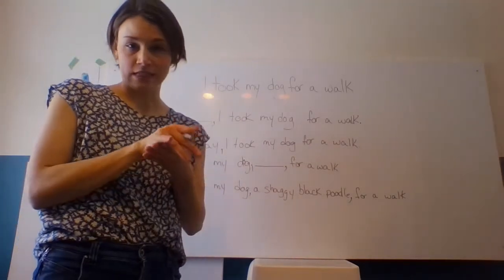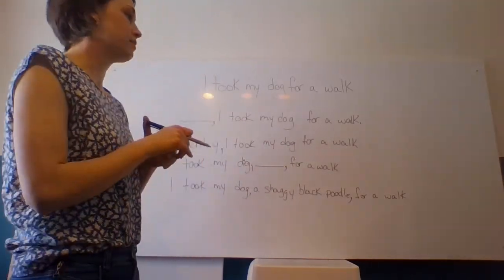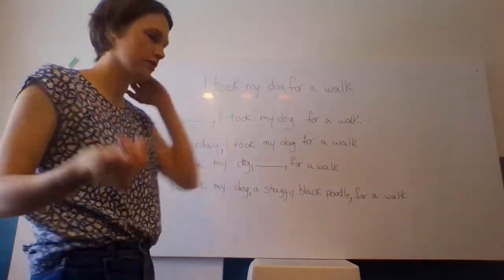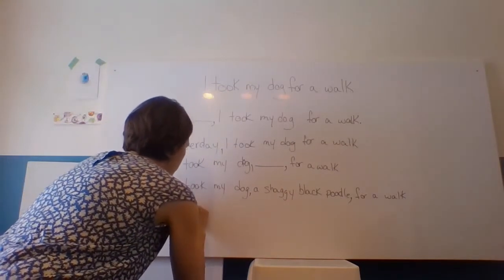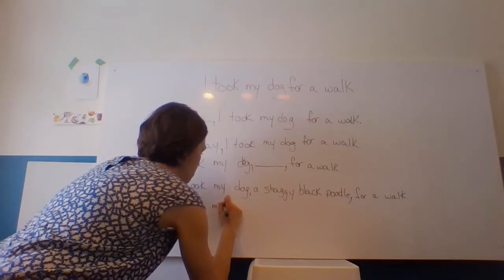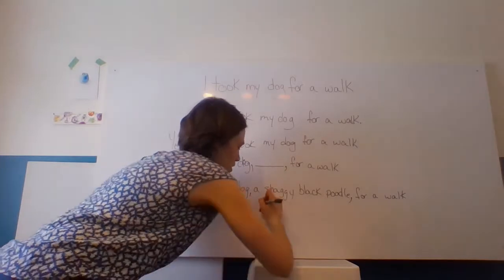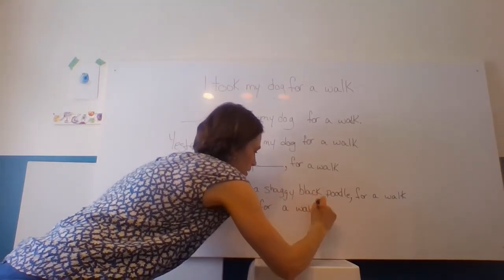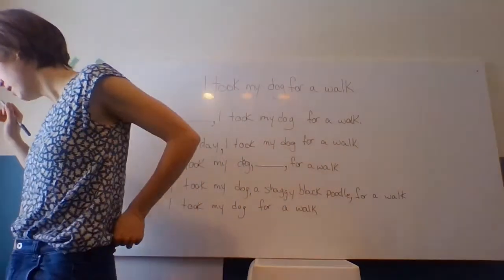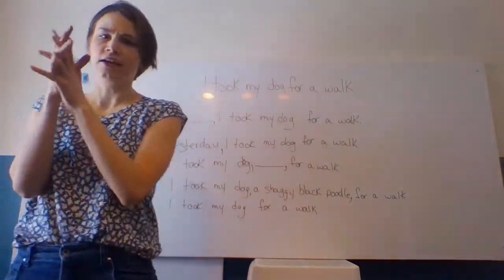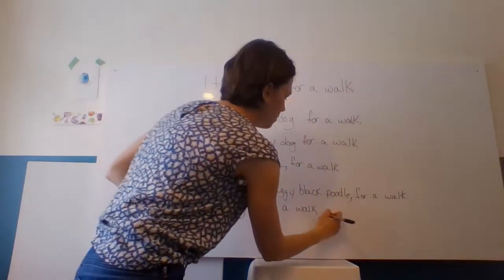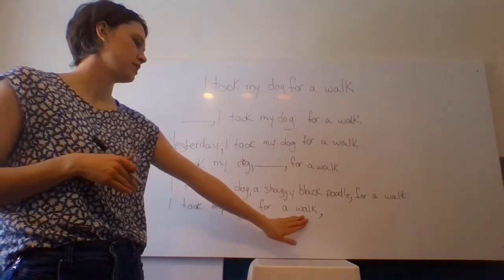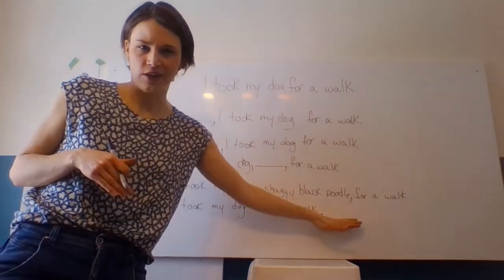The last type of sentence branching we can do is branching at the end, adding something after a comma at the end of the sentence. I took my dog for a walk. Again, you can add a comma and add something about the walk, because now the walk is right before our branching.